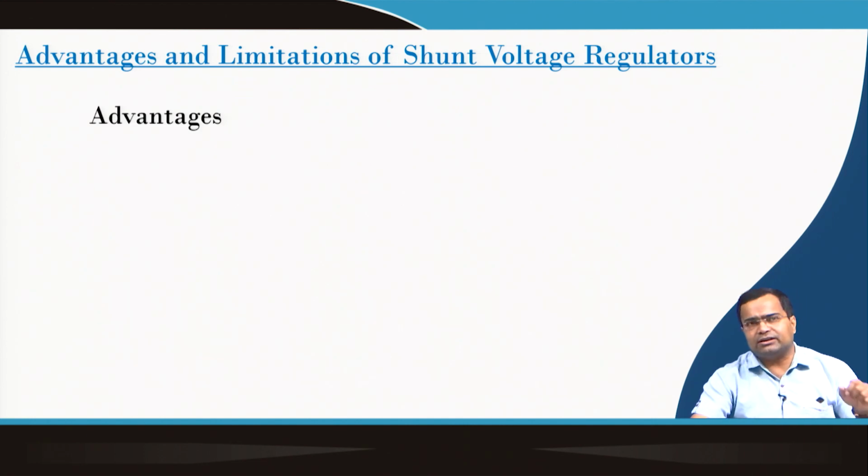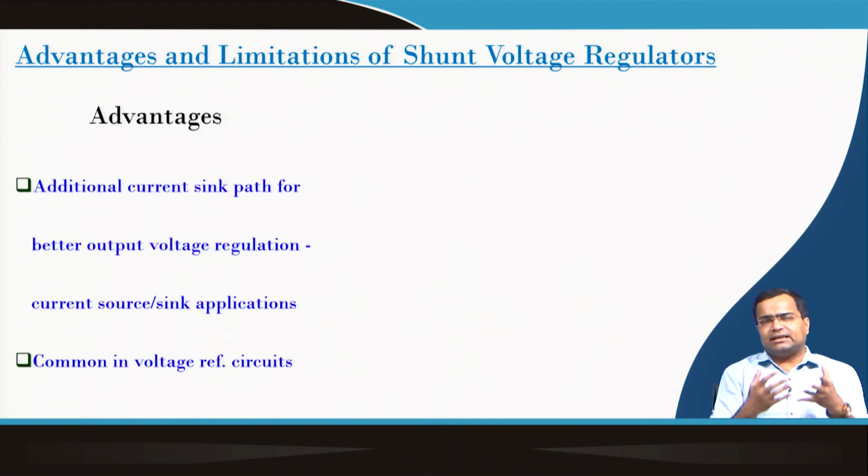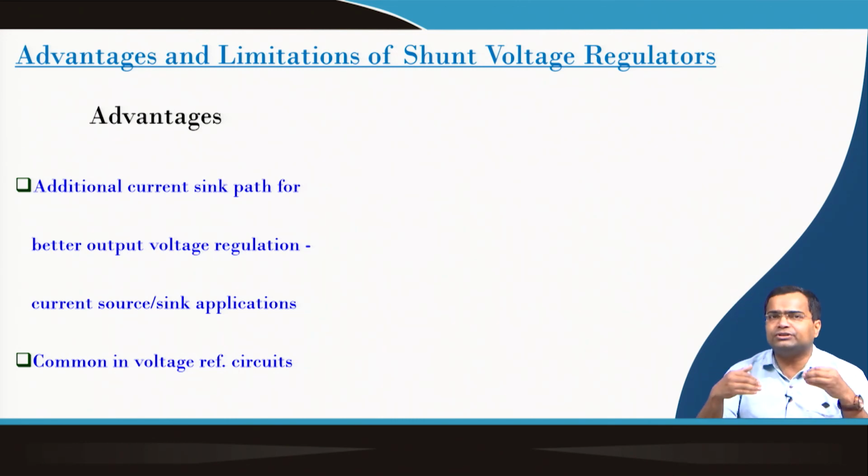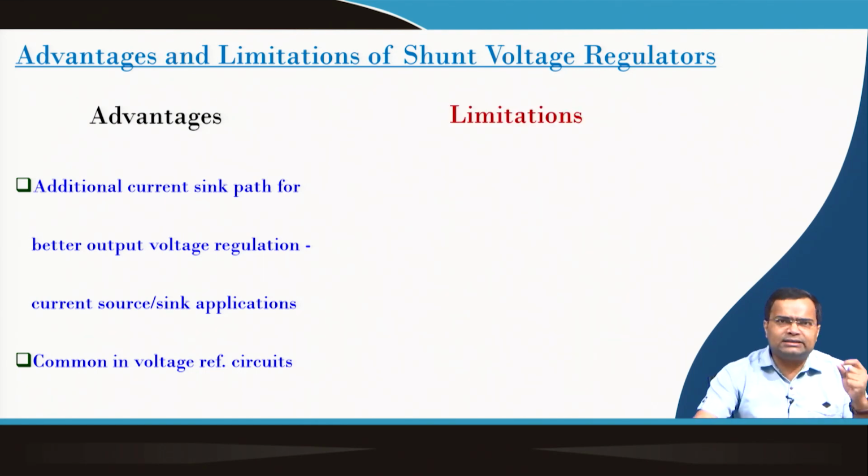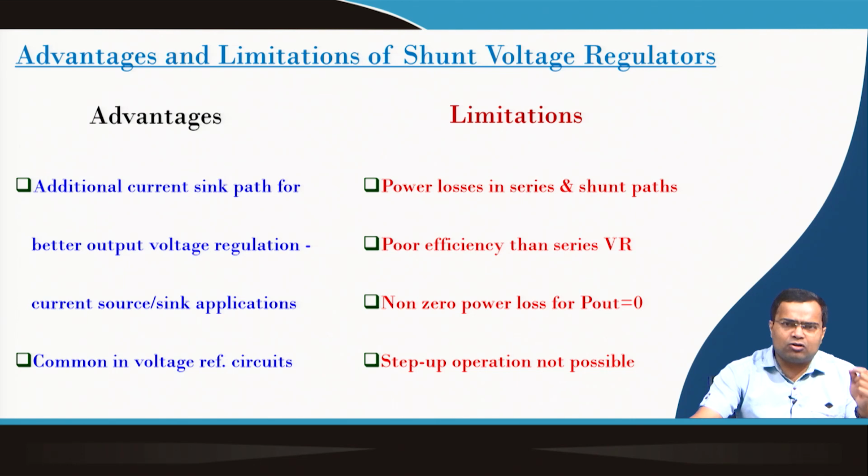So, the shunt regulator, since it has an additional current sink path, can offer better output voltage regulation, and these are common in voltage reference circuits, but not using a Zener diode. They can use a transistor as a control current source. But as I said, its losses are more, and the efficiency is lower than the series voltage regulator.